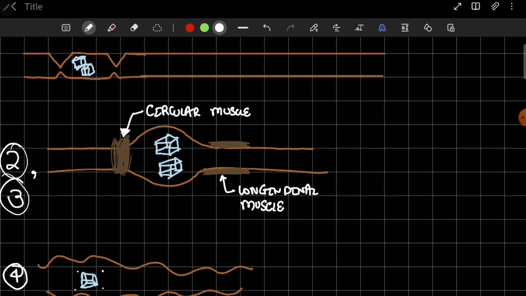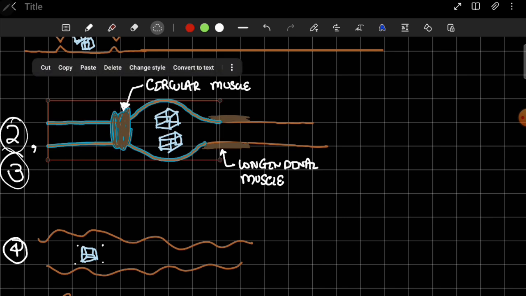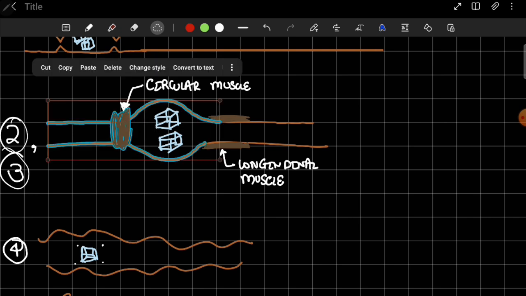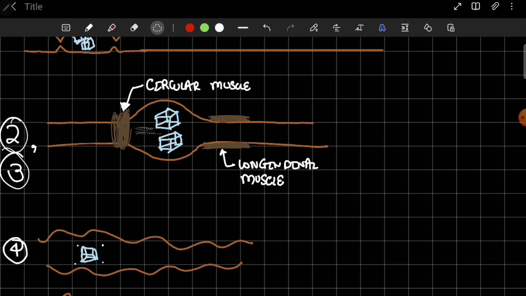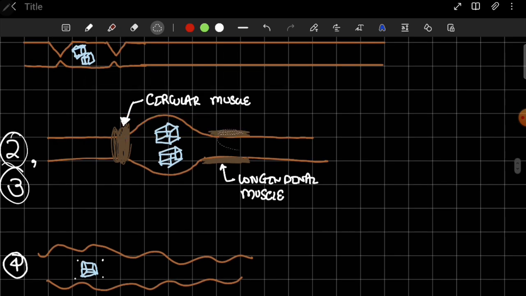Now, the propulsive movement. When this circular muscle contracts, it propels food to this side, for example. And when the circular muscle is contracting, the longitudinal muscle relaxes, this one and this one.